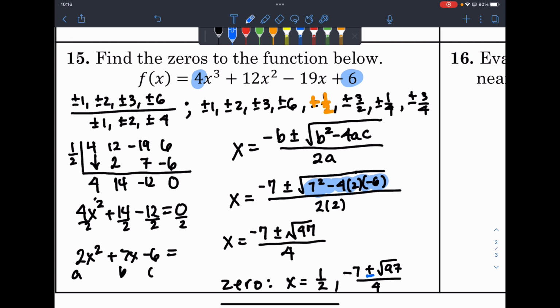So there's 3 of them. And according to the fundamental theorem of algebra, that matches up because this is a degree 3. There has to be 3, or at least 1, but for sure 3 zeros. And we have all 3 of them. So there is your answer.